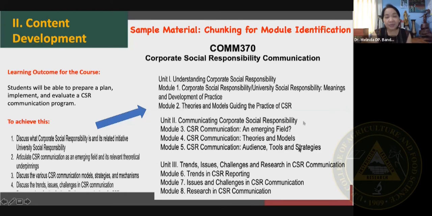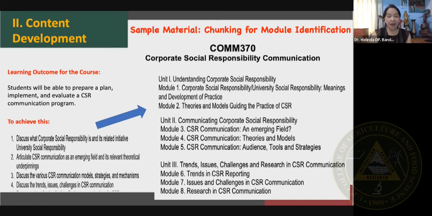I chunk the content into this. Ang unang ginawa ko, meron akong Unit 1, meron akong Unit 2, meron akong Unit 3, so nag-chunk muna ako ng ganong kalalaki, no? And then under each unit are the lessons which are contained in each of these modules.